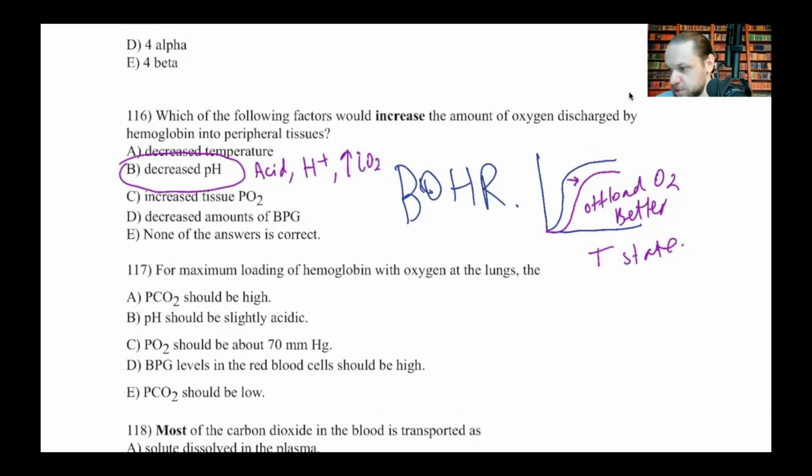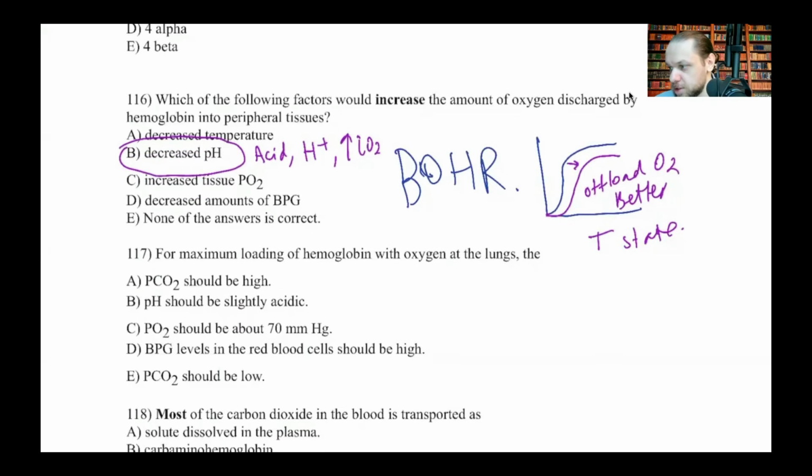So a decrease in pH will increase the amount of oxygen that's discharged. Basically, the hemoglobin becomes a better deliverer of oxygen to the tissues. How would you remember this? Think of a patient who has sepsis, or diabetic ketoacidosis. They may have decreased pH.